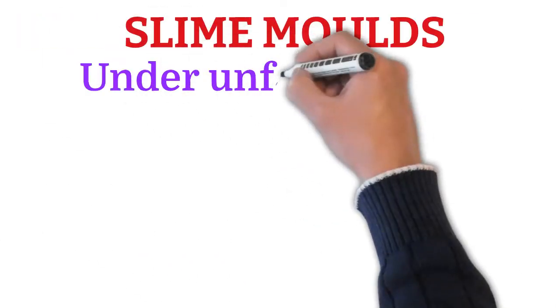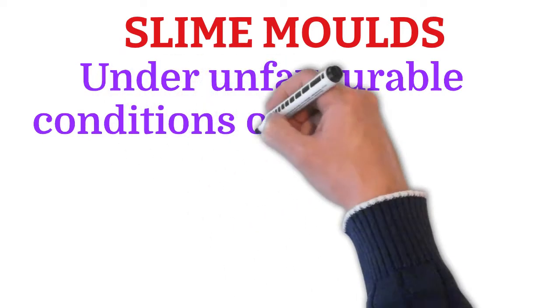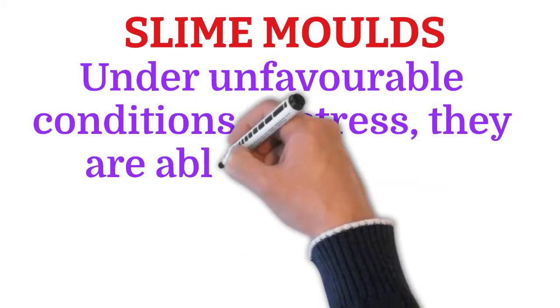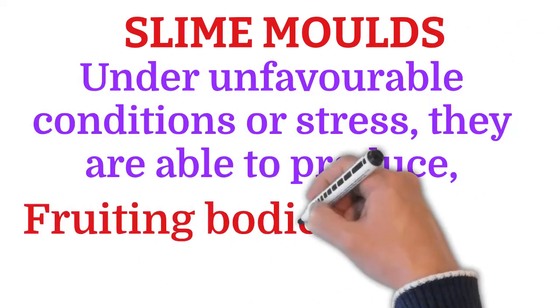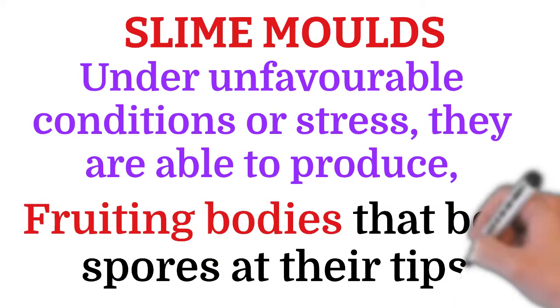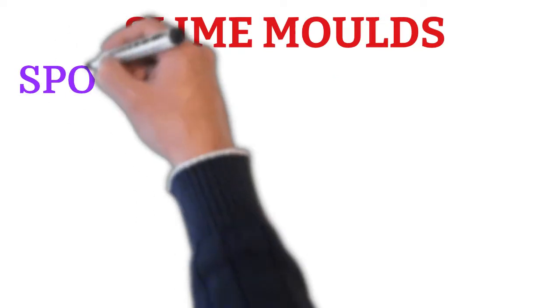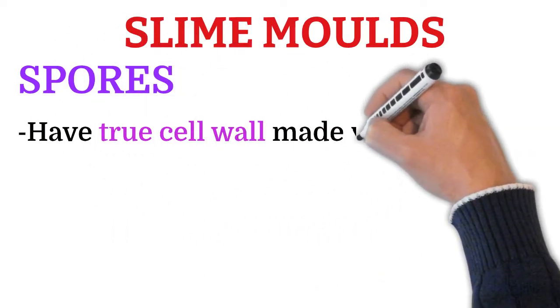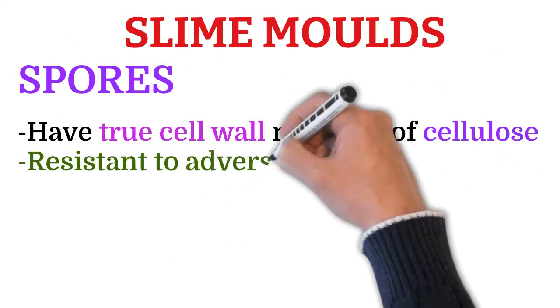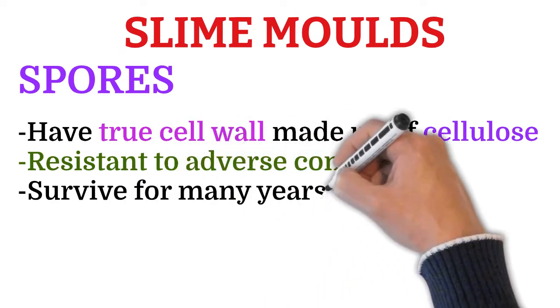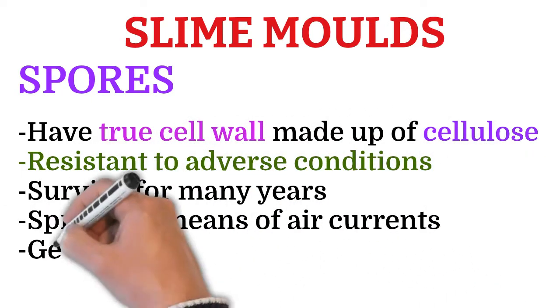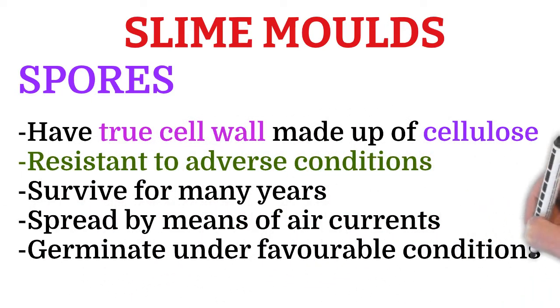During unfavorable conditions or stress, the slime molds are able to produce fruiting bodies that bear spores at their tips. These spores have a true cell wall made up of cellulose and are resistant to adverse conditions and thus survive for many years. They are spread by means of air currents and germinate under favorable conditions.